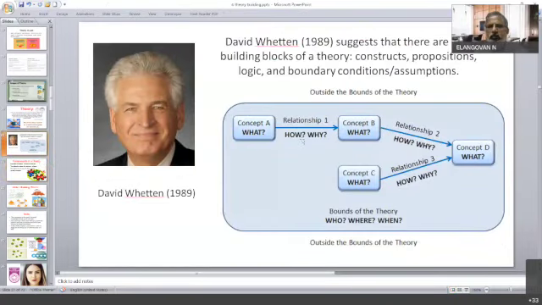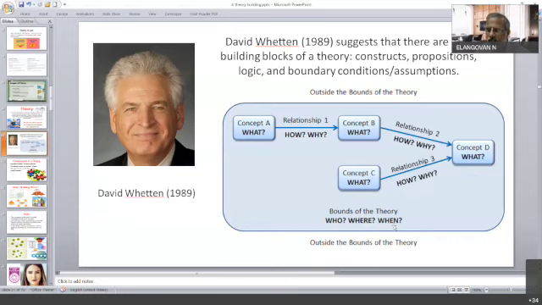Okay, sir. But boundary is like saying that this may not be true outside the boundary. For example, I'm doing a research. I'm trying to find out the factors influencing the satisfaction of IT employees.